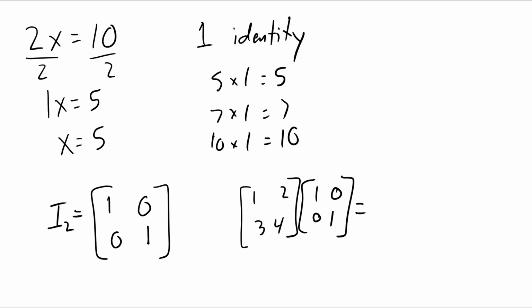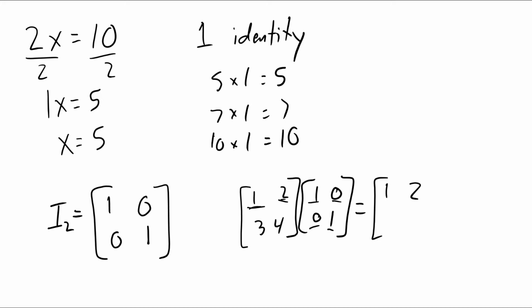When we multiply matrices, we multiply the rows of the left matrix times the columns of the right matrix. So we would do 1 times 1 plus 2 times 0, that's 1. Then we'd multiply the first row times the second column, 1 times 0 plus 2 times 1. So that's 2.